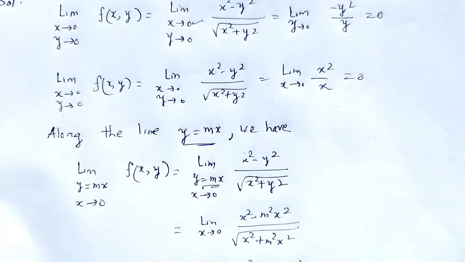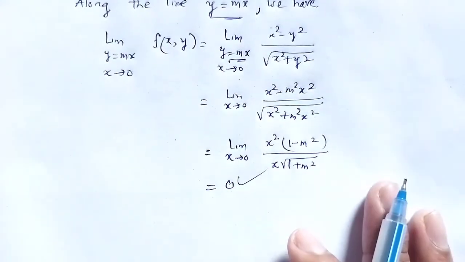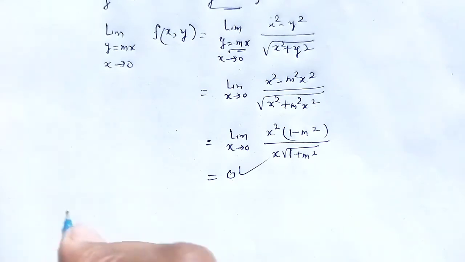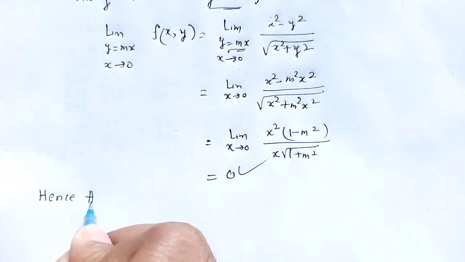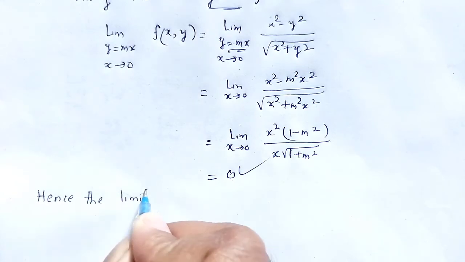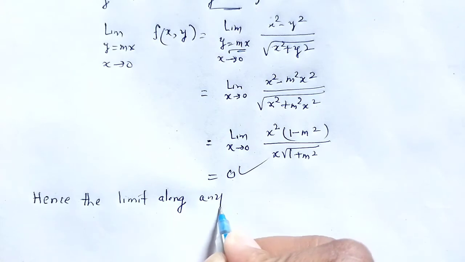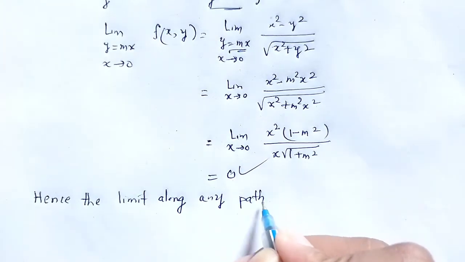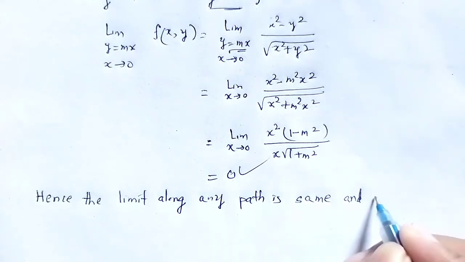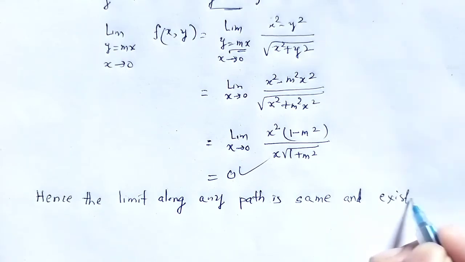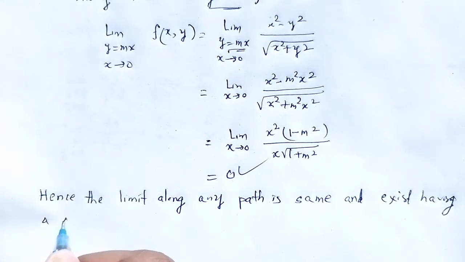So in all three cases the result is 0, 0, 0. Hence the limit along any path is the same and exists, having a common value.